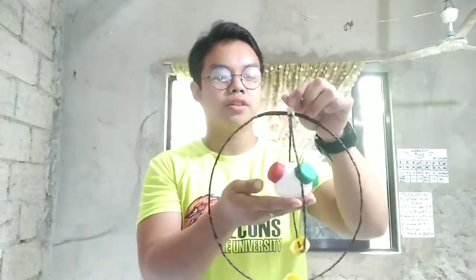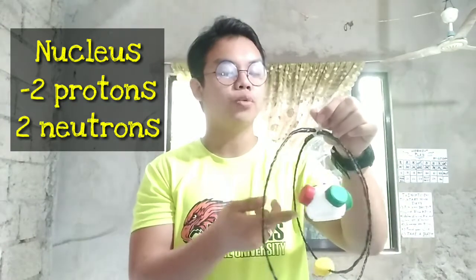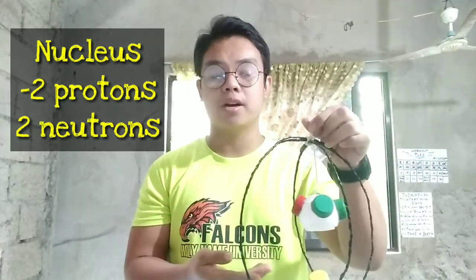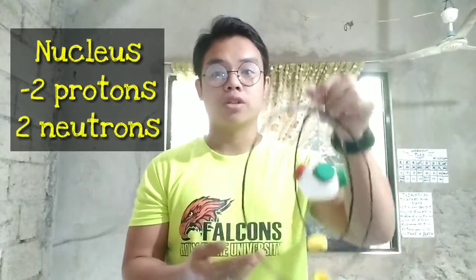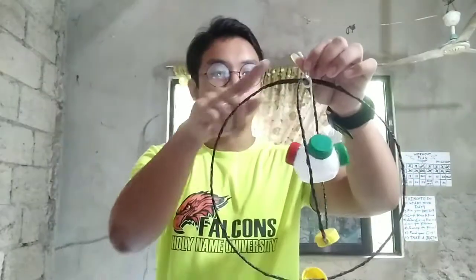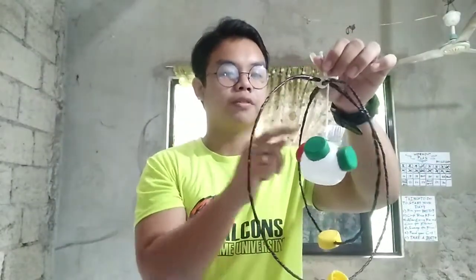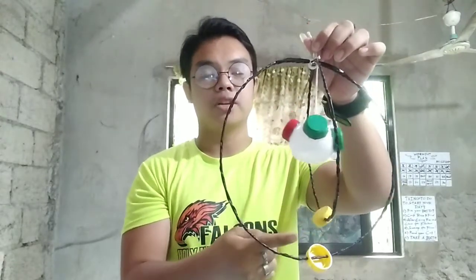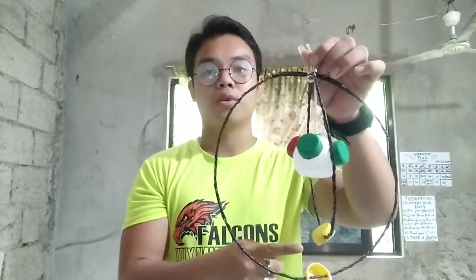The nucleus has 2 protons and 2 neutrons. The red ones are the protons, while the green ones are the neutrons. And these 2 yellow bottle cups are the electrons. The first energy level or the first orbit has 1 electron, also the second one.